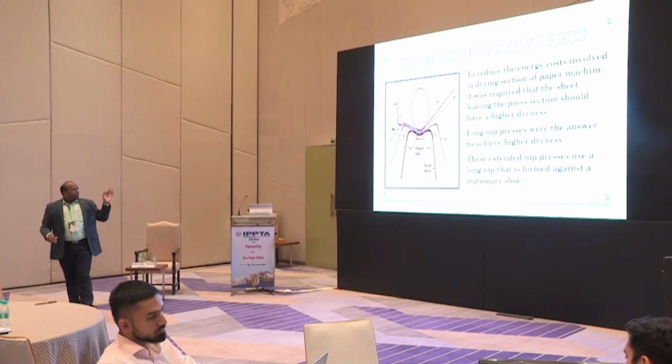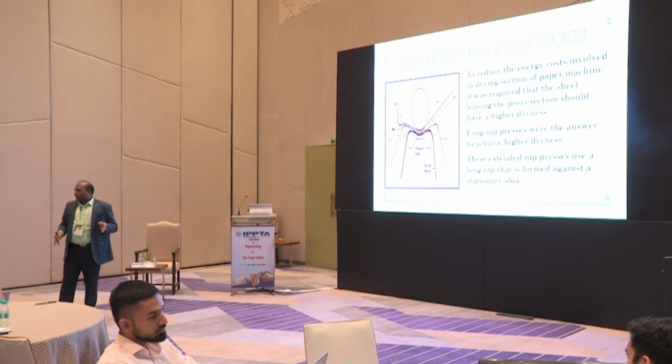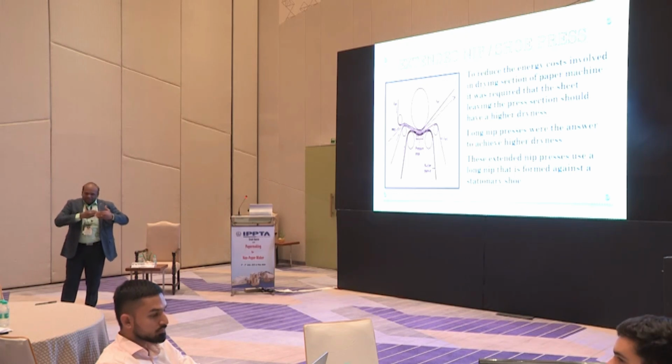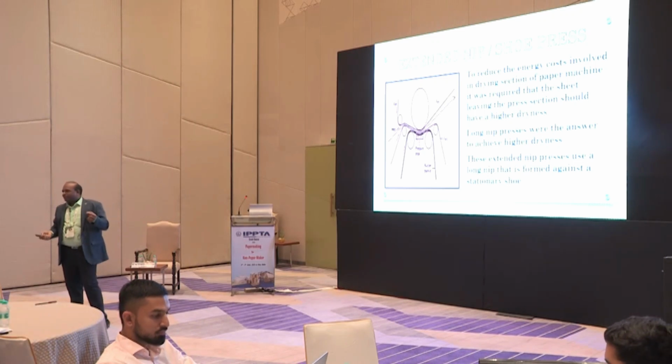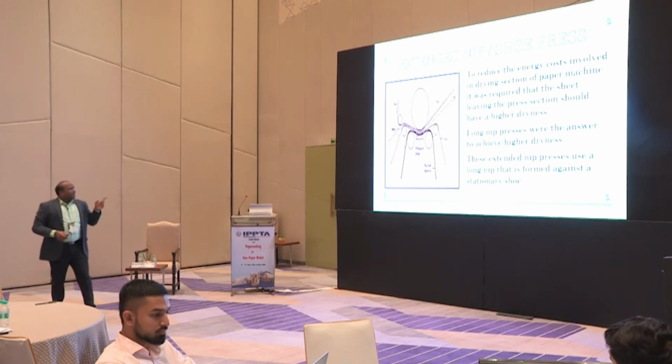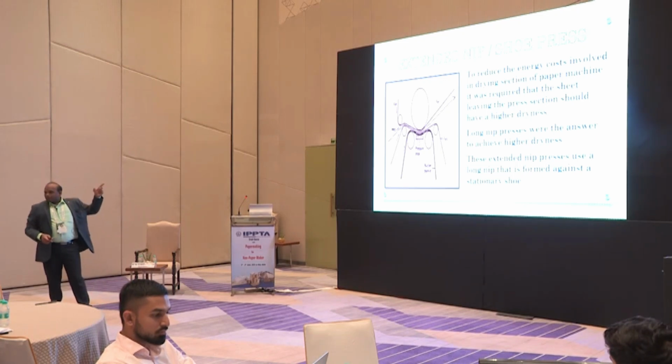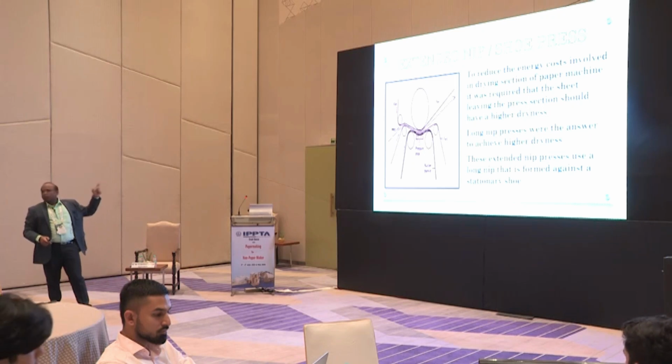Now we could not increase the nip load. The other way is to increase the dwell time. To increase the dwell time, we would need continuously 6 or 7 press rolls. It's not practically possible. So here comes the invention: instead of the two-roll concept, a shoe has been fixed at the bottom and the solid roll has been fixed at the top.